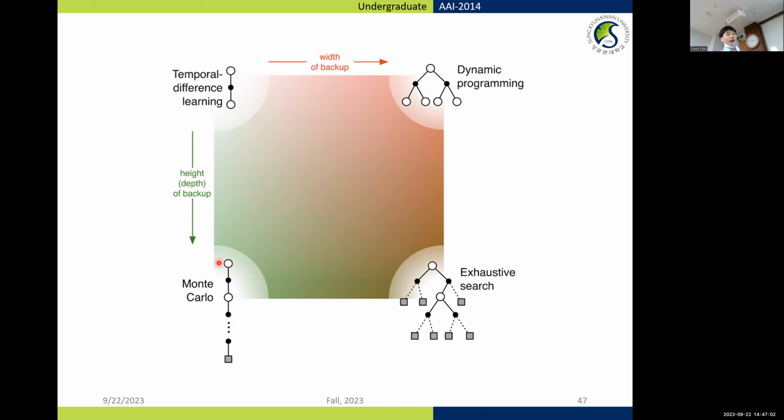In the next lecture, along with MC, we're going to learn TD learning, temporal difference learning. It's between DP and MC. Instead of going so deep, we just check the time difference between two states, the value difference between two states, and do the learning.